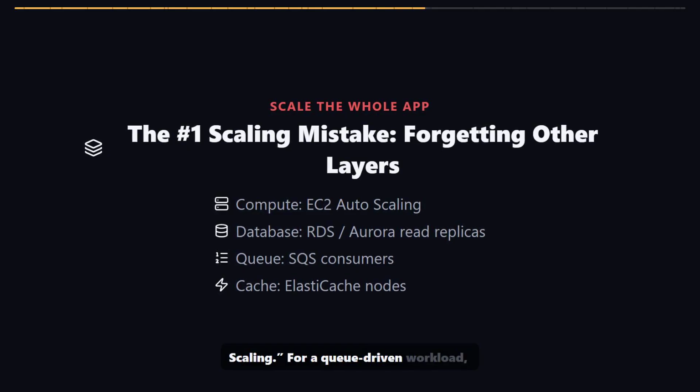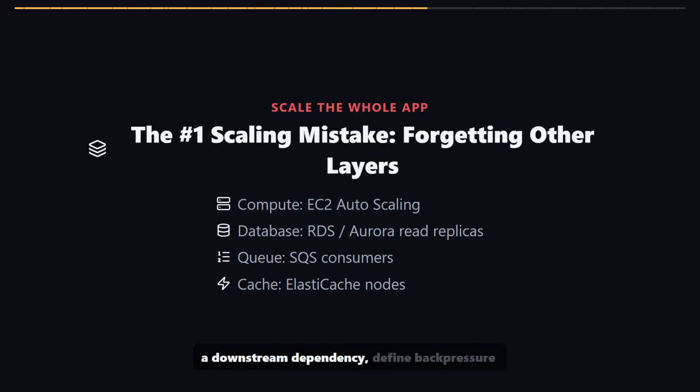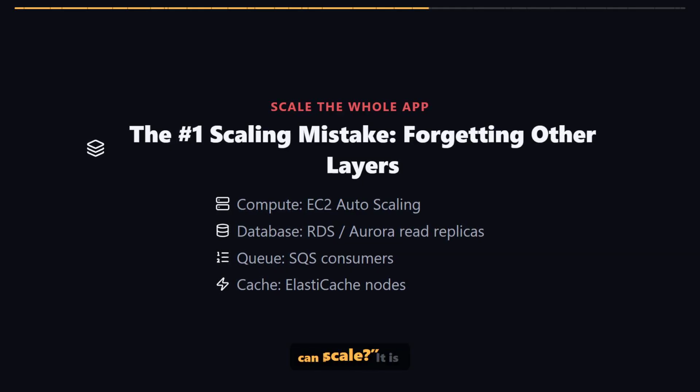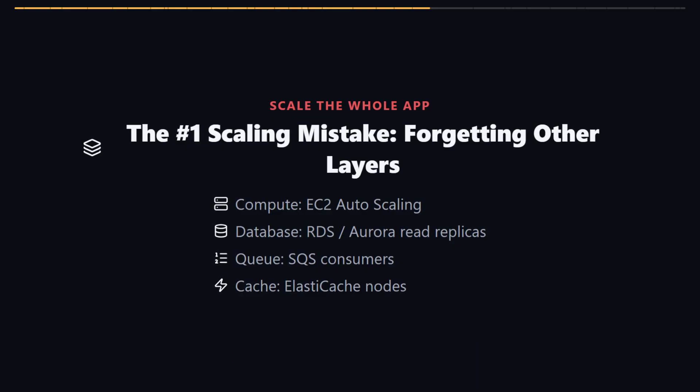For a queue-driven workload, measure backlog and processing rate. For a cache, measure memory pressure and hit rate. For a downstream dependency, define back pressure and failure behavior. The right question is not, what else can I scale? It is, which dependency becomes the next bottleneck when this layer scales?